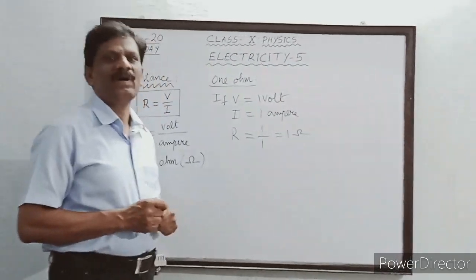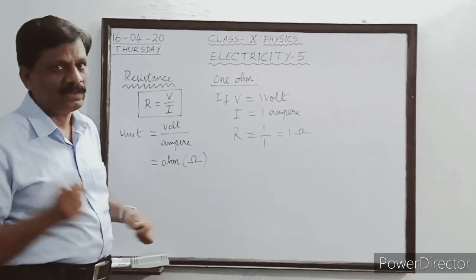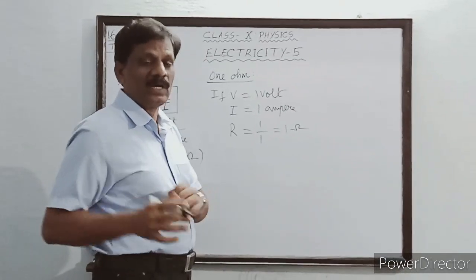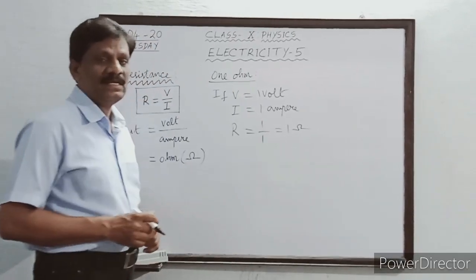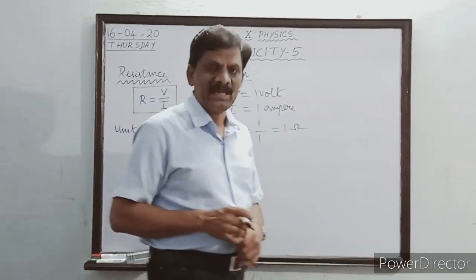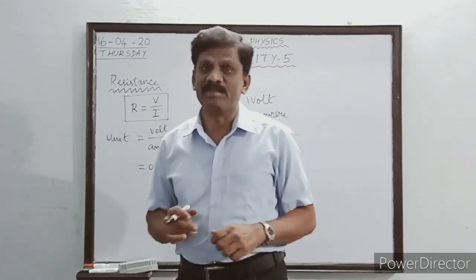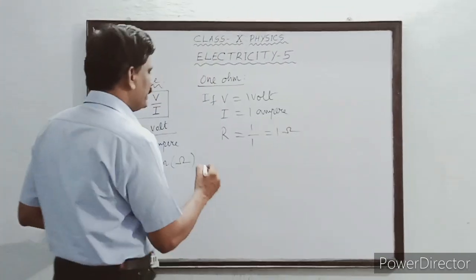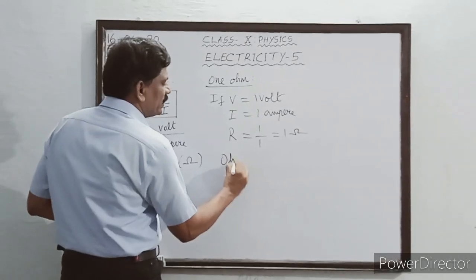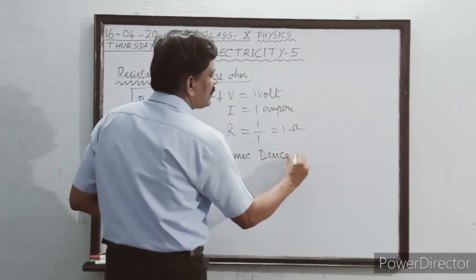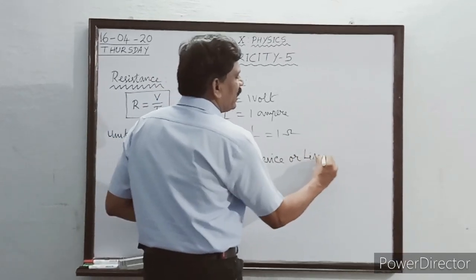Now one very important piece of information I am going to tell you. There are some electrical devices which you are going to study in higher classes. Only some electrical equipments or devices will obey Ohm's law. So any device which obeys Ohm's law is called an ohmic device or linear device.